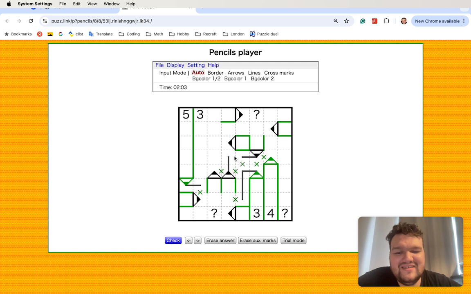Nope. Cannot connect here either, so this pencil is also of size 1 actually. Cannot go here. This pencil's line cannot go inside this pencil, it goes here, so this one is also size 1.